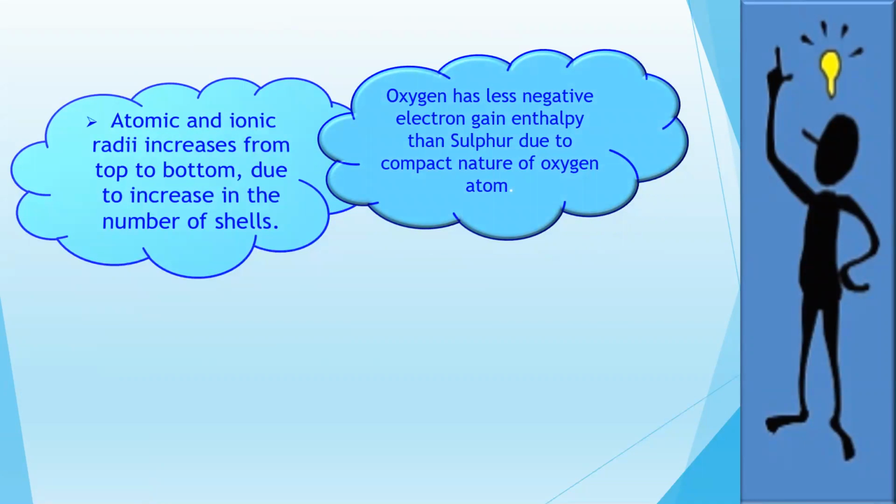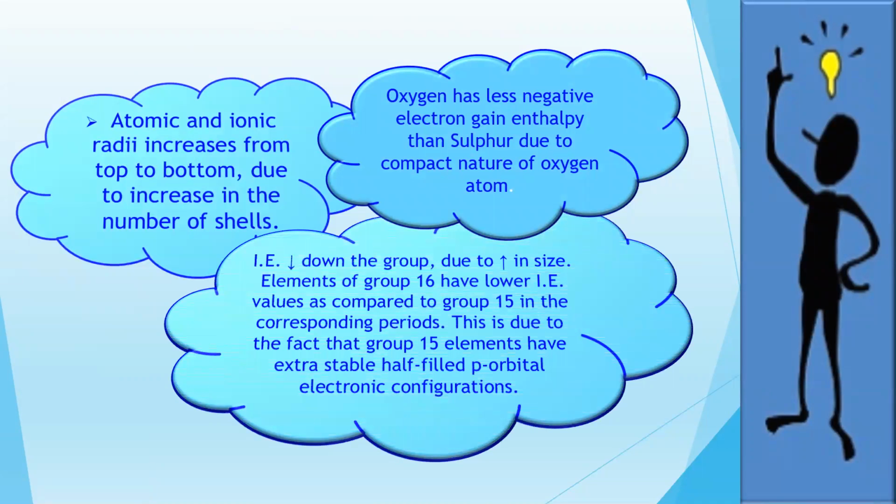Oxygen has a less negative electron gain enthalpy than sulfur due to the compact nature of the oxygen atom. Ionization energy decreases down the group due to increase in atomic size. Elements of group 16 have lower ionization energy values as compared to group 15 in the corresponding periods, as group 15 elements have half-filled p orbitals.